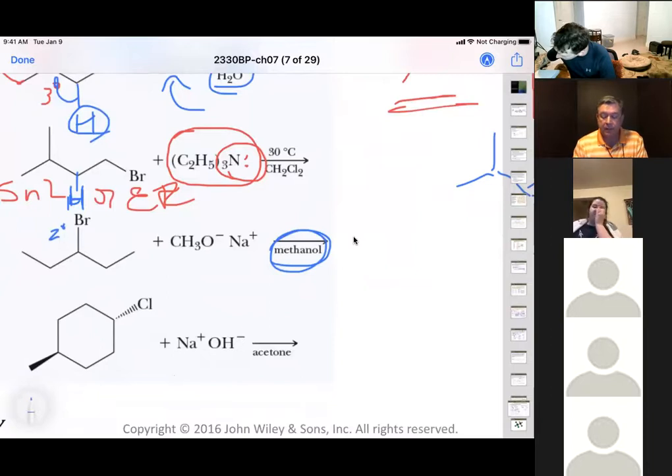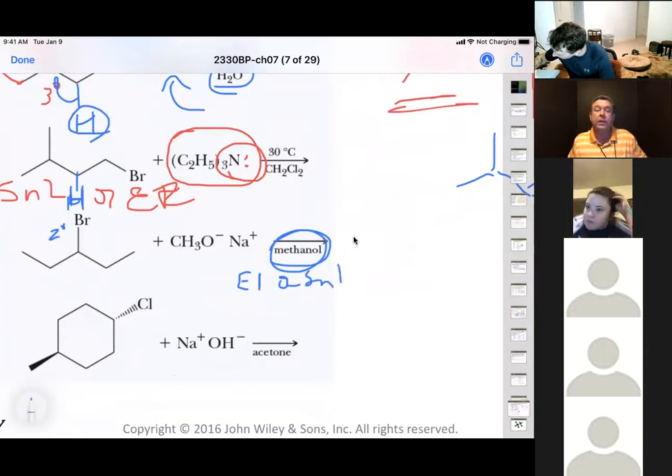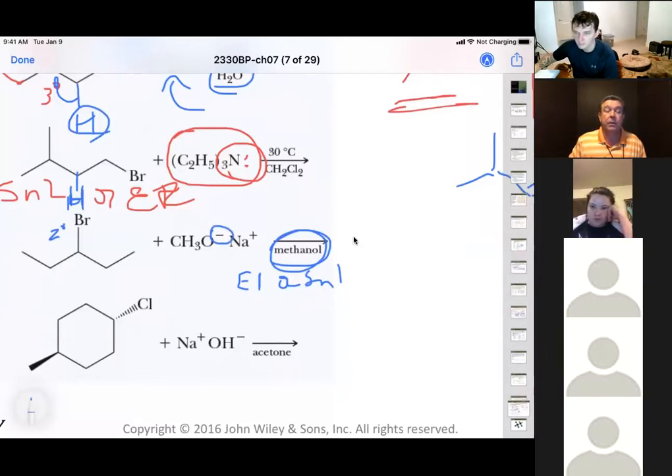So I'm thinking it's going to be an E1 or SN1 reaction because we have that protic solvent to help support. And look at this, we have a strong base and we have a good nucleophile. So we're going to have competing SN1 and E1 reactions.